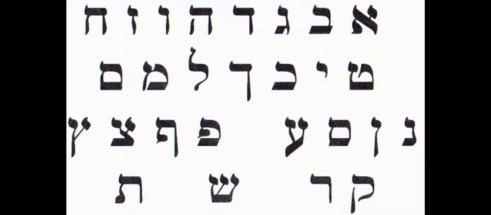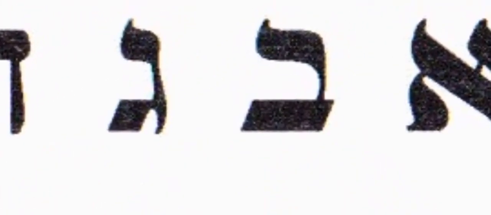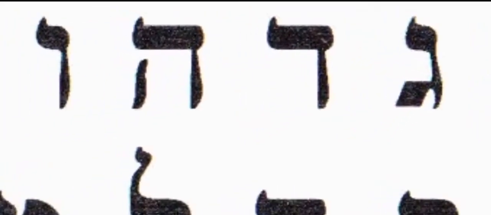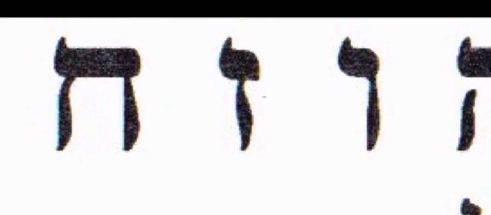So like I said, just going into these letters, I'm just going to call them out, and then we're going to go over how to write them. So we've got the first letter. And of course, you start from right to left when you're reading the Hebrew. The first letter is A right here. And then we got the Ba, Ga, and then the Da, Ha, Wa, Za.